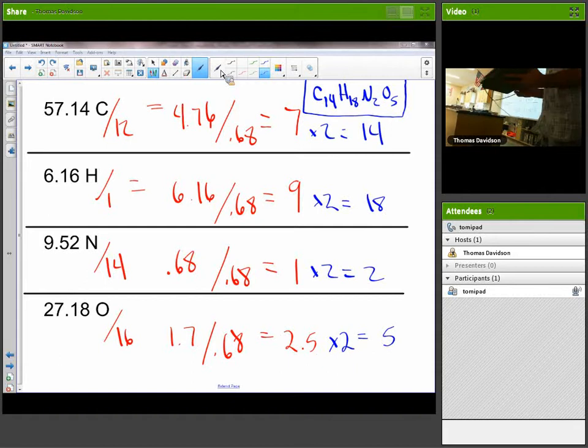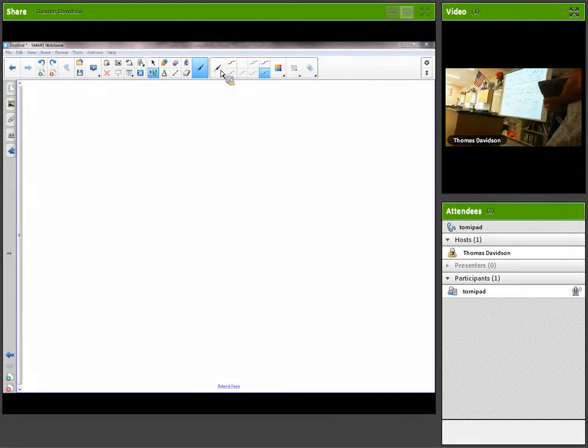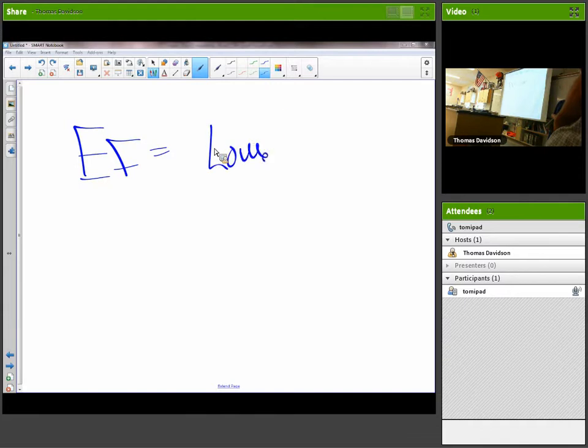This was in the notes upwards of a week ago, so you can't be held accountable for that, right? That's past information. It had to go out that ear to make room for what was coming in this one. So an empirical formula is the lowest ratio of elements.